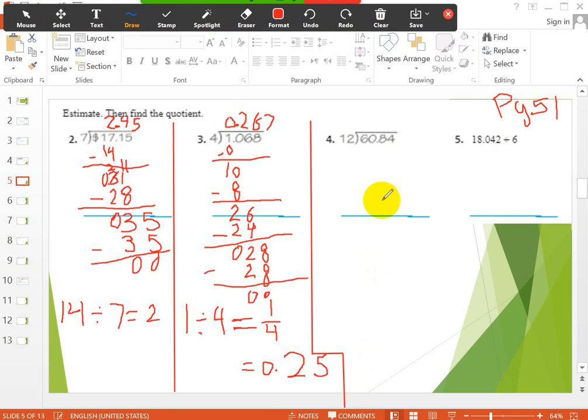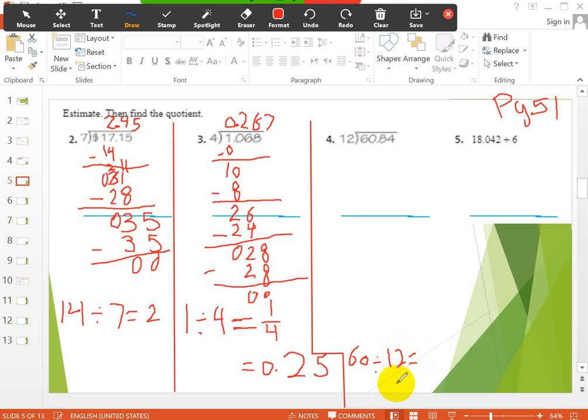I think if you round this number, 60.84 hundredths, to the nearest whole, it will be 60, right? So you can divide 60 by 12. You can try on white paper.